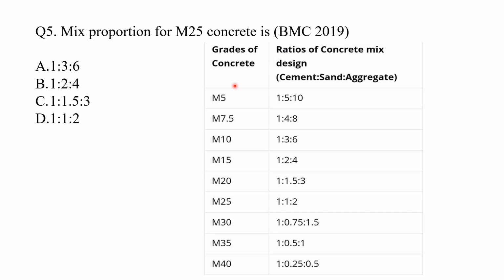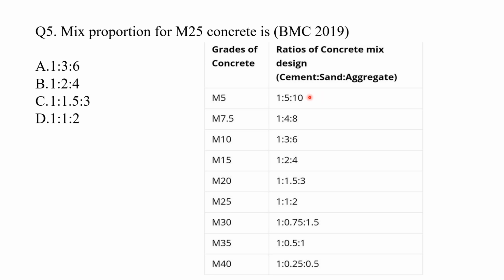Just remember the first column, that M5, M7.5, and after that there is a difference of 5. Okay, M5, then M7.5, and then M10, 15, 20, 25, 30, 35, 40. In case of ratios, start with 5, then 4, 3, 2, 1.5, 1, 0.75, 0.5, and 0.25.